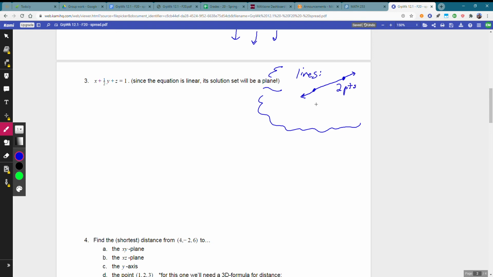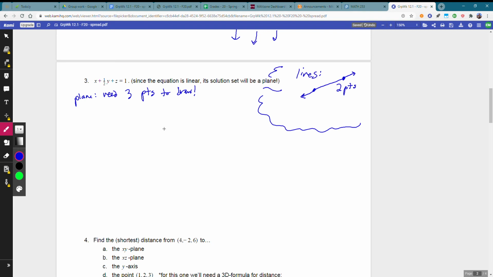For planes, three points, I claim, is what we're going to need. If we have 4, that'll work, but I claim that all we need is 3.